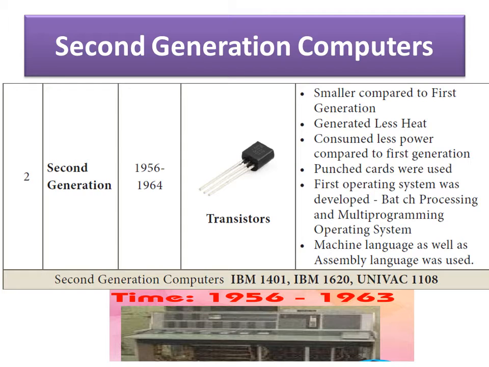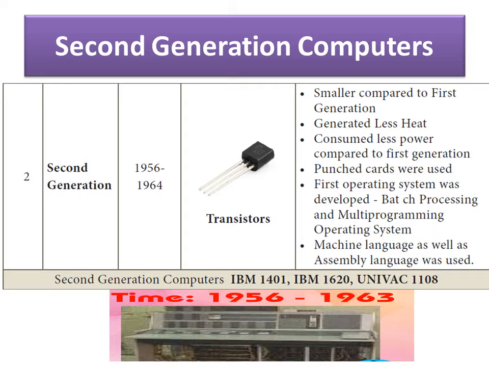In this generation, assembly language and high-level programming languages like Fortran, COBOL were used. The systems used batch processing and multi-programming operating system. Batch processing is giving the input as a batch, as a group, and the processor will process it continuously till the work is over.